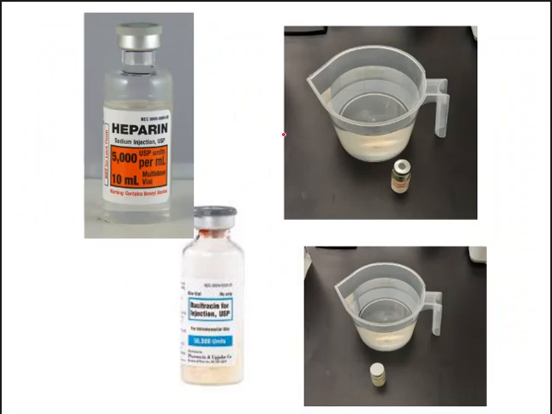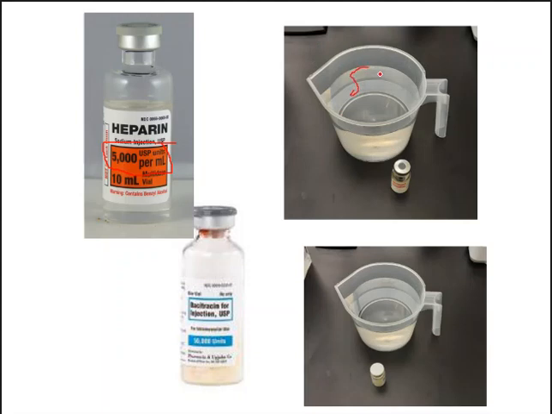All right, a couple ways that we use units. Example here, heparin. This is 5,000 units per ml, and it is in a 10 ml bottle. And so a lot of times we want to mix 500 milliliters of heparinized saline on our back table when we're doing vascular procedures.